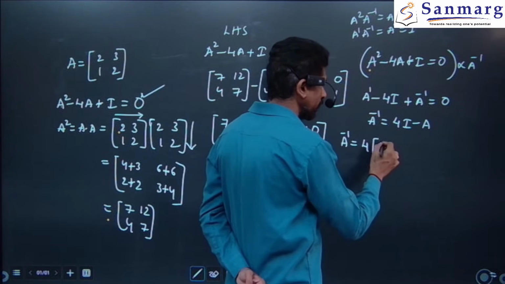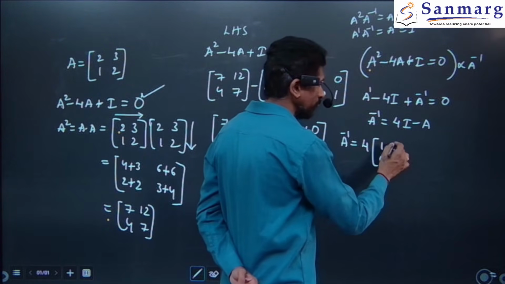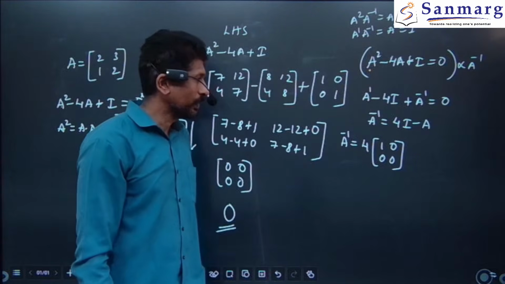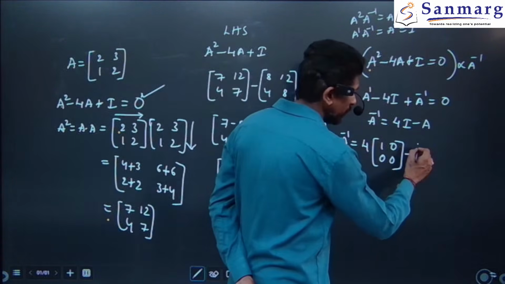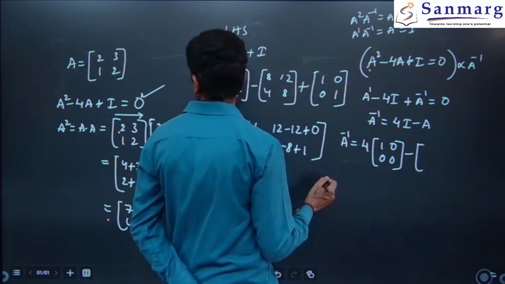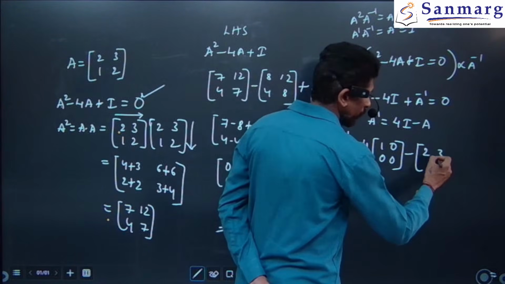4I is here, I is nothing but 1 0 0 1, so that is 4 0 0 4. Next minus A, where A is 2 3 1 2.